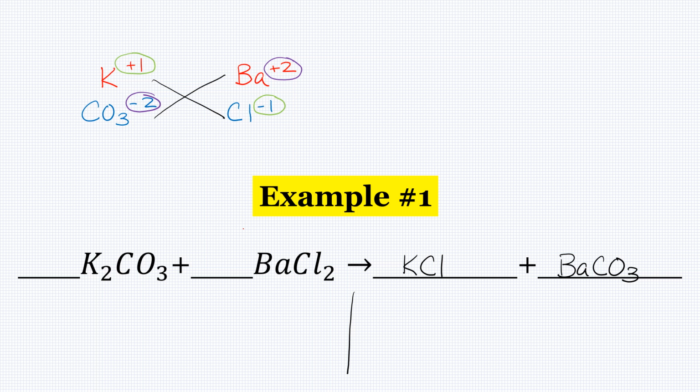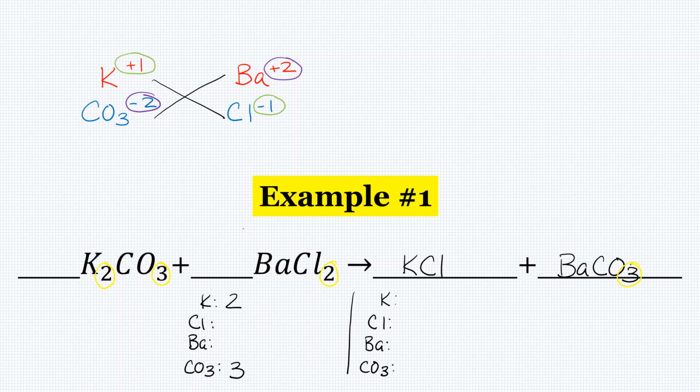So when we go to balance, let's go ahead and write out our table. All right, so I'm going to take an inventory of what we have. Remember, the subscripts tell us how many of each we have. So we have 2 potassiums, we have 3 carbonates.